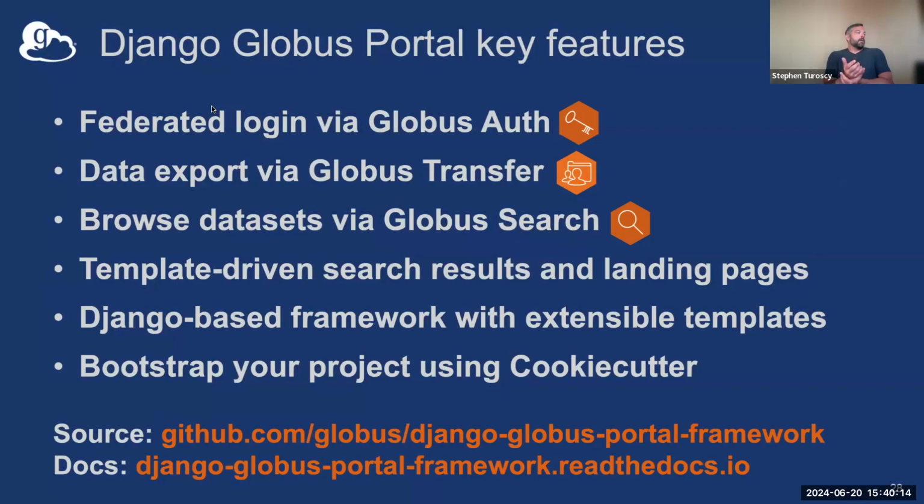Okay. So the links on the bottom are for what I am talking about on this slide. We have a predefined Globus portal framework, which is built on top of Django, which is built with Python. I'm hoping most people are at least familiar with Django.